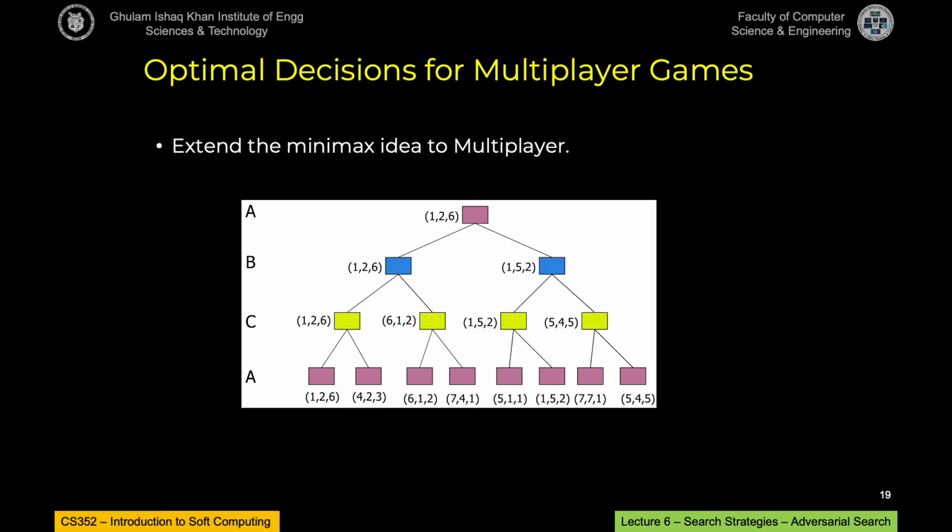You basically want to beat the strongest one first, so that he does not win the game, and then you both could maybe share or compete for the winning position after that. So what we see here is that when you extend the idea of minimax onto multiple players, more specifically more than two players, then it is not a zero-sum game. It is not a pure competition.